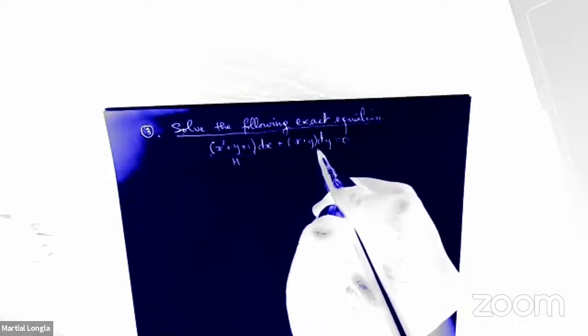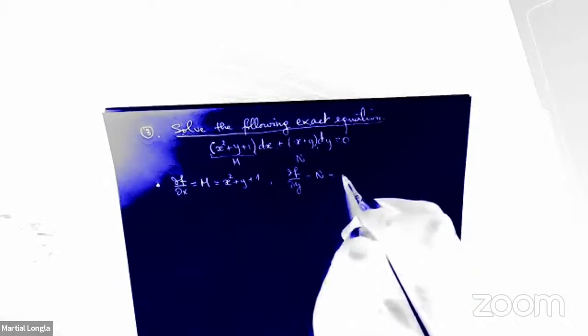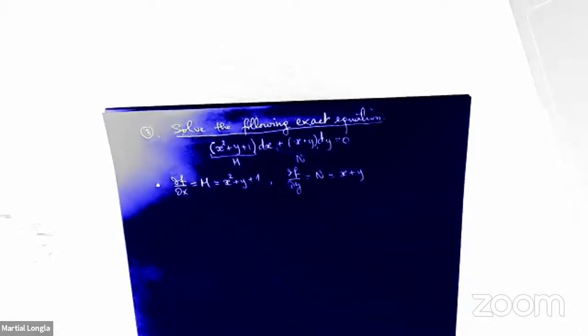The way we do it is, in front of dx we have M, and in front of dy we have N. In the first step, we say the derivative of f with respect to x is M, and that is x squared plus y plus 1. The derivative of f with respect to y is N, and that is, in this case, x plus y. That's it, and you start solving your problem.